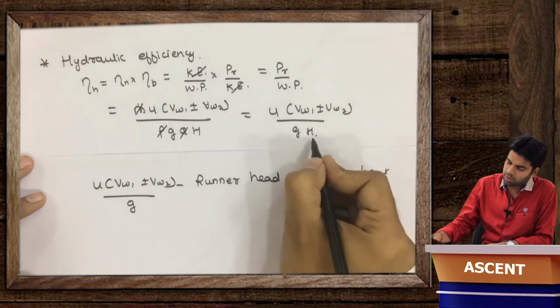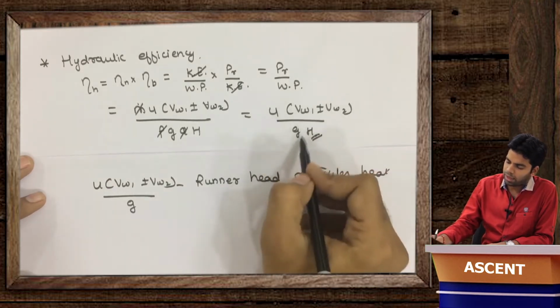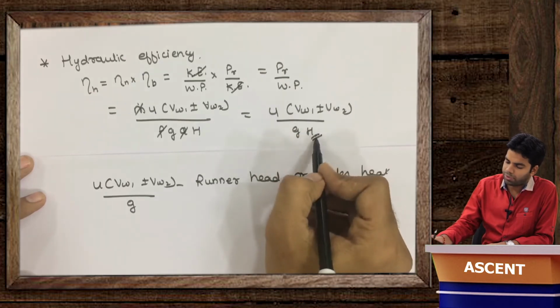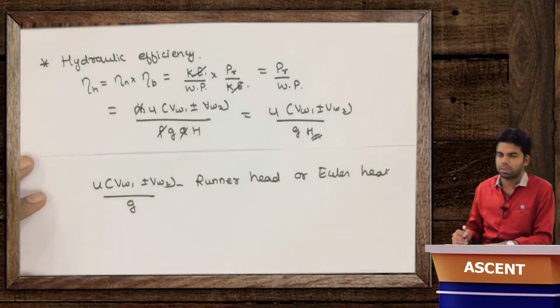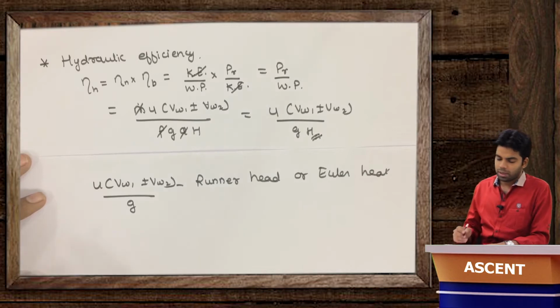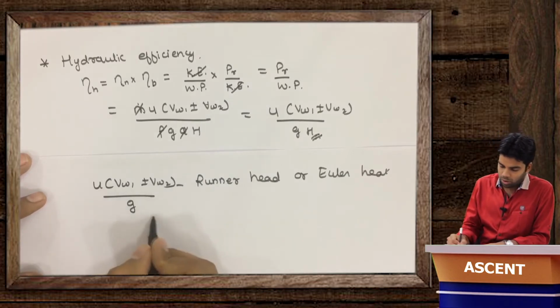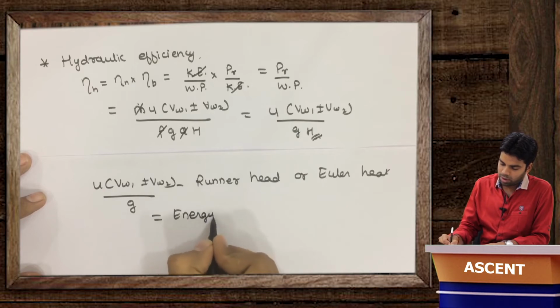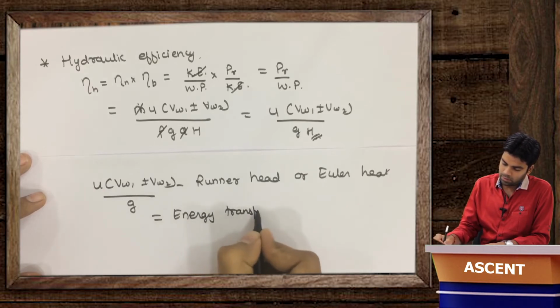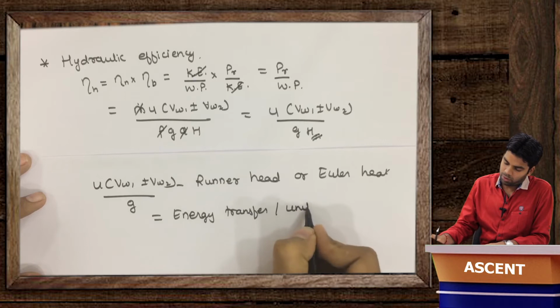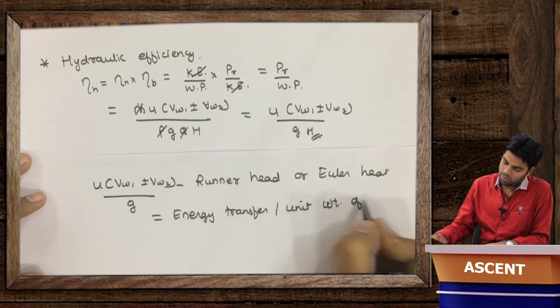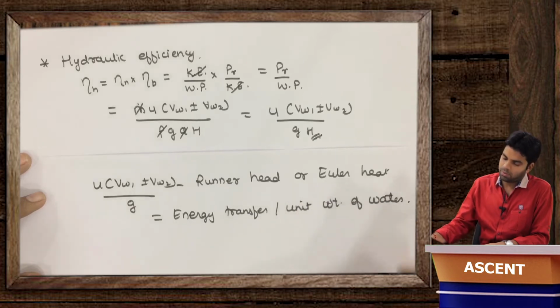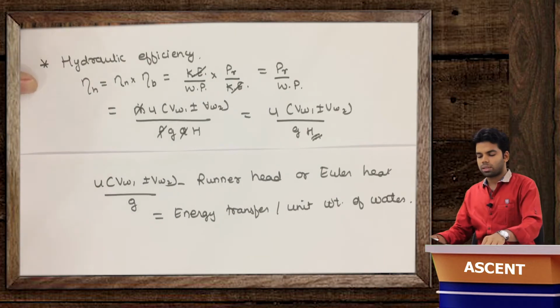This H was actually the net head. So this total runner head divided by net head is also nothing but this hydraulic efficiency. Getting this now? Or you can call it as energy transfer per unit weight of water. Getting this now? Okay, so this is nothing but the hydraulic efficiency.